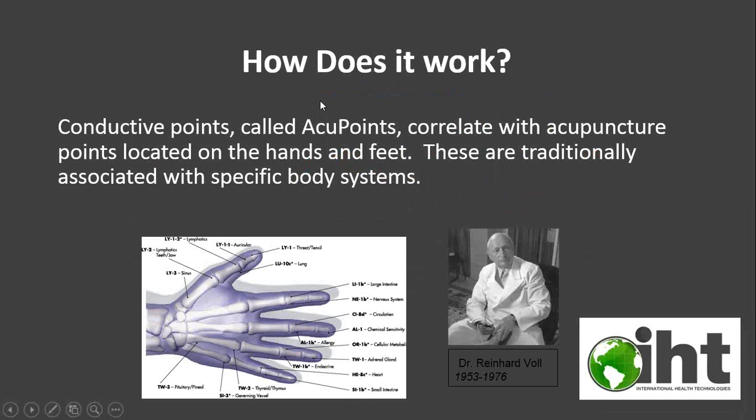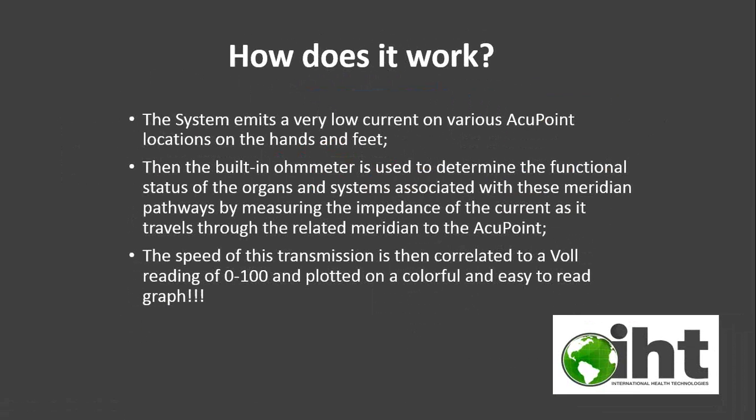Now, conductive points called acupoints correlate with acupuncture points located on the hands and the feet. These are traditionally associated with specific body systems. The system emits a very low current on various acupoint locations on the hands and feet, and again, 58 points in total.